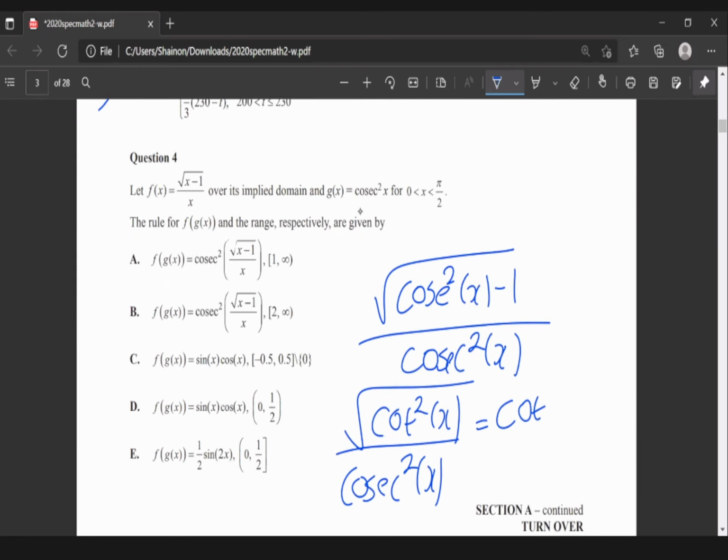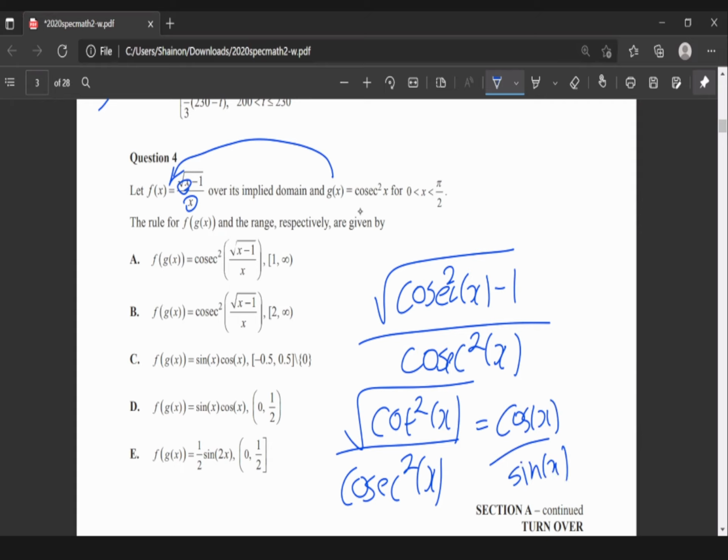And question number 4, so we just put g of x into f of x, substituted for x, and I got this. And we know that cosec squared x minus 1 equals cot squared x. So the root of cot squared x is just cot x, or we can just skip a step and make it cos x over sine x.